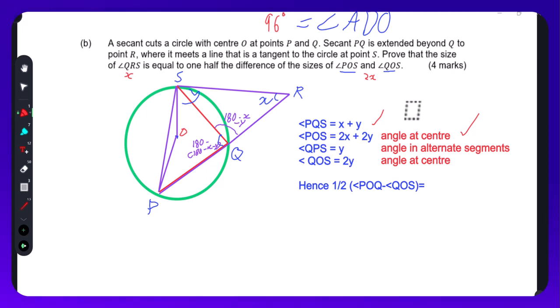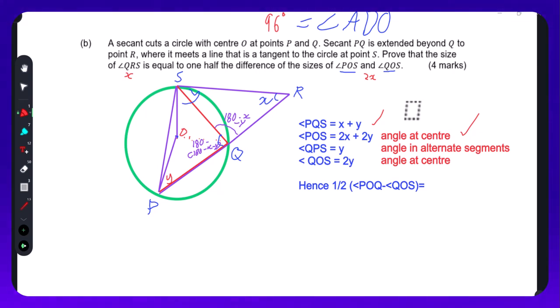So that's why QPS is equal to Y. And then lastly QOS, so from Q to O to S. So if I did a little dotted line over here, that one would equal 2Y because the angle at the center is going to be double what it is at the circumference. So the angle at the circumference, this one's going to be double, it's going to be 2Y.